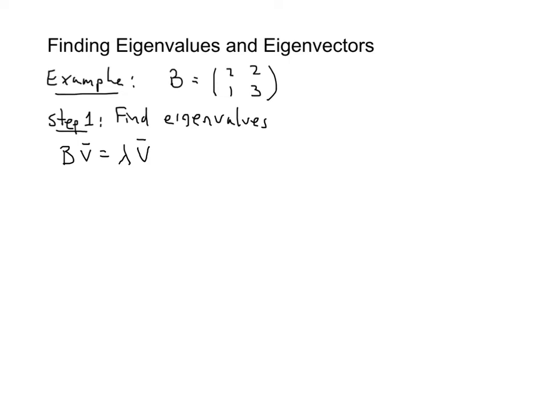This equation leads us to what's called the characteristic equation. Bv equals lambda v. I can subtract the lambda v from this side, leaving me with a 0 vector on this side. I'm going to draw a line here. I can introduce the identity matrix.